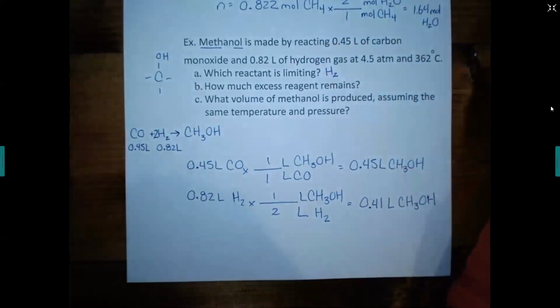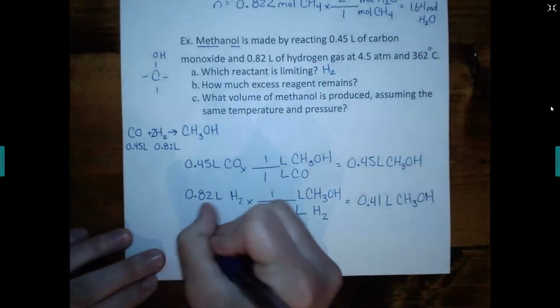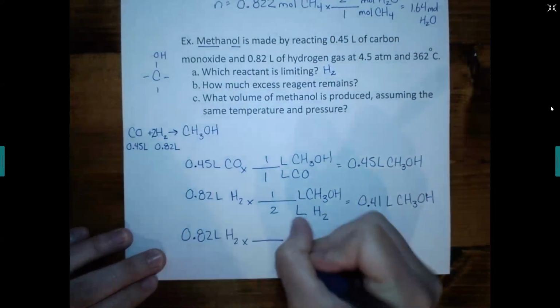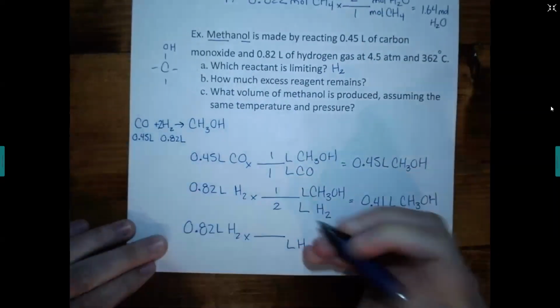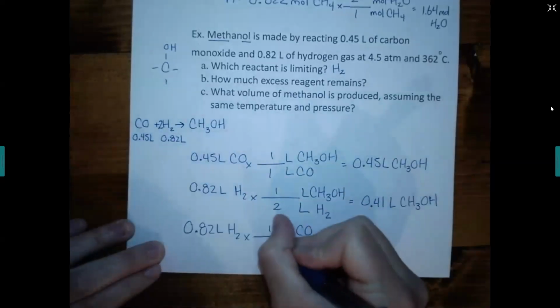All right, question number 2. How much of the excess reagent remains? All right, well, you have to start with the limiting. The limiting is hydrogen gas. I'm going to move liters of hydrogen to the bottom. I'm going to put my excess reactant on top. That ratio is 1:2.